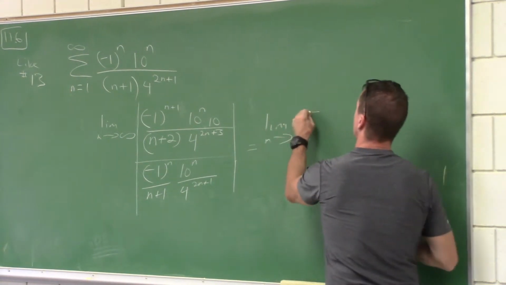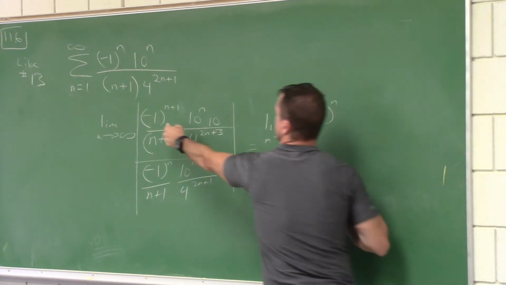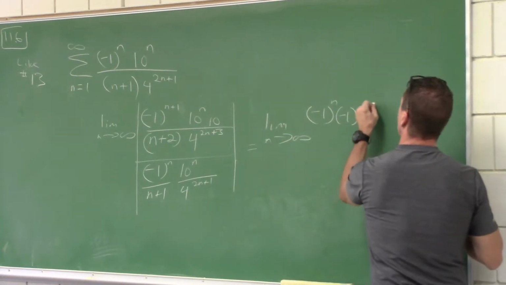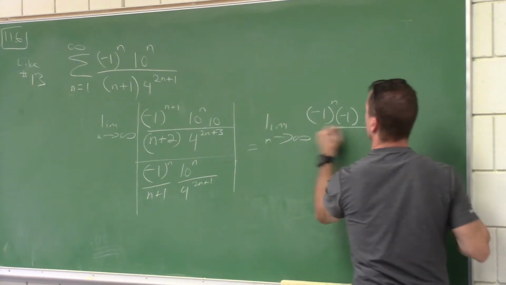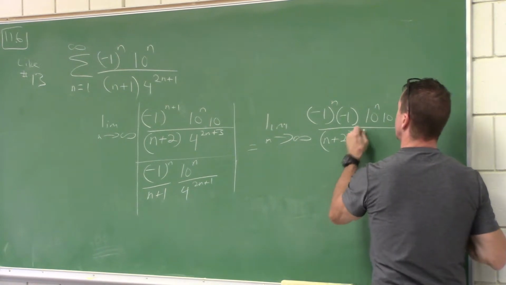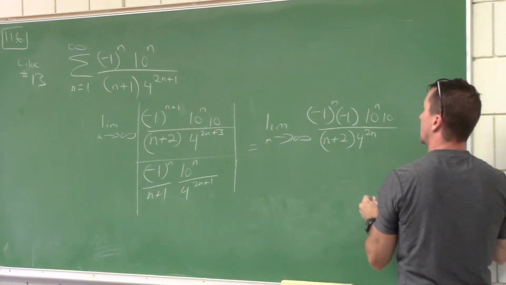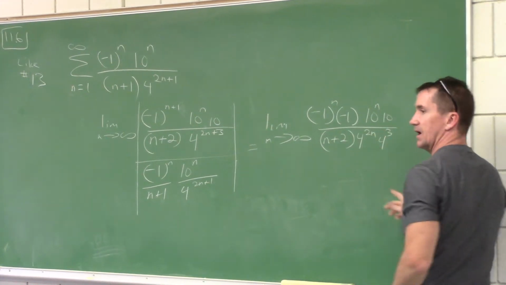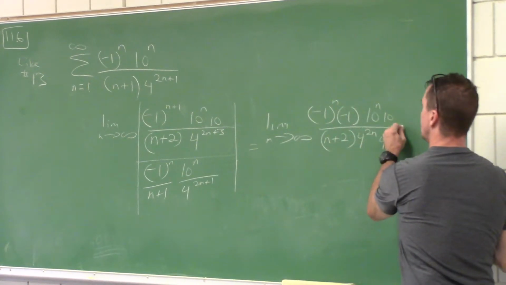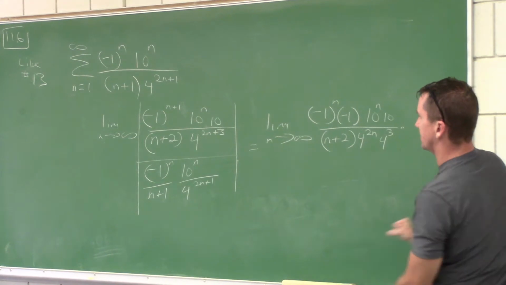You got negative 1 to the n. Can I write this as negative 1 to the n times negative 1? Then you got a 10 to the n times a 10, all over n plus 2. This would be 4 to the 2n times 4 to the third, right? Does everyone get how I wrote that? Awesome. Now what goes upstairs, and I'll flip this other thing.